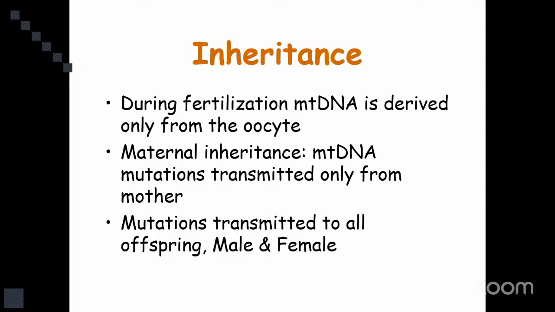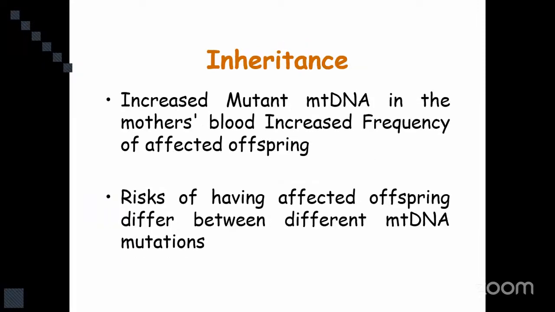That is why we say maternally inherited: mitochondrial mutation is transmitted only from mother, and the mutation is transmitted to all offspring, whether they are males or females, because we receive our mitochondria from our mothers. Increased mutant mitochondrial DNA in the mother's blood increases the frequency of affected offspring. Risks of having affected offspring differ between different mitochondrial mutations.